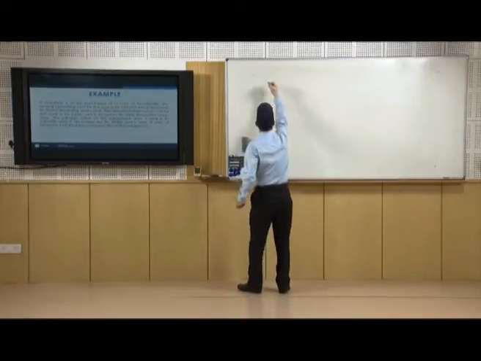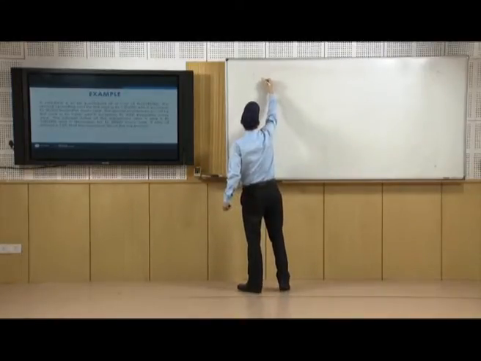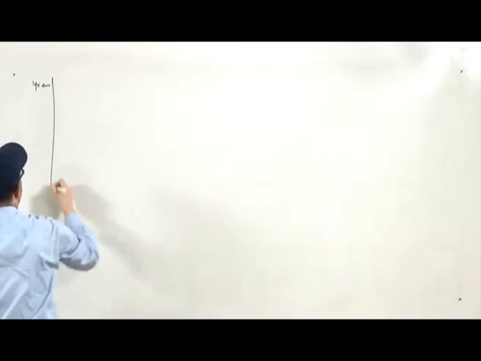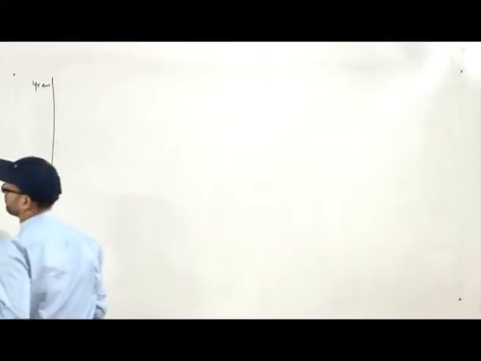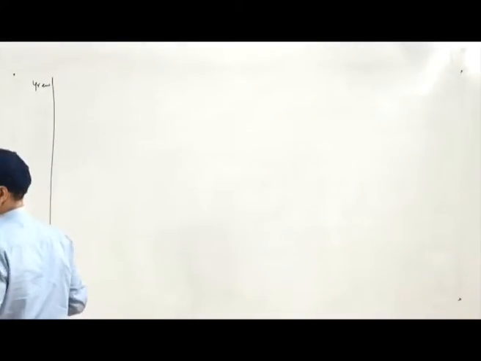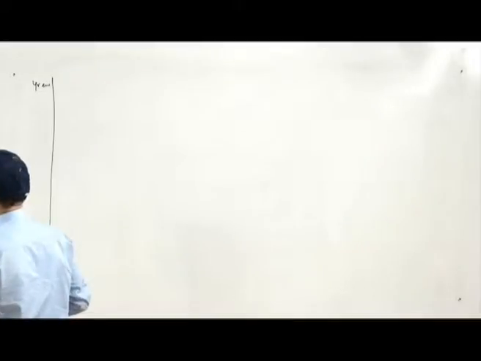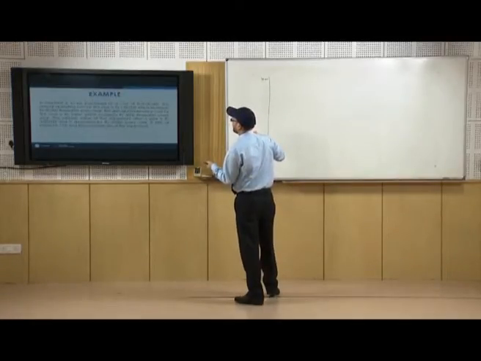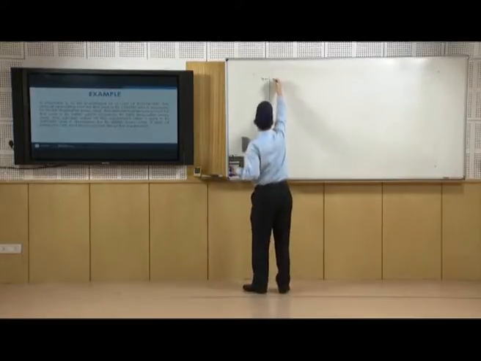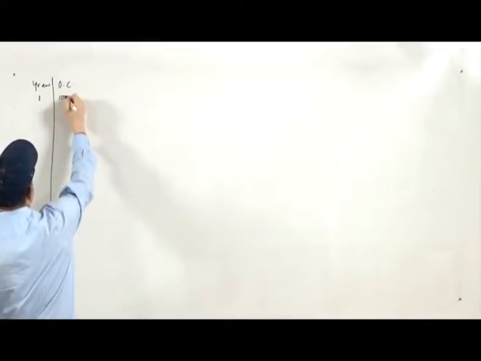Now, this is year end. So, the first cost of the asset is 10 lakh, and the annual operating cost in the first year is 1 lakh.